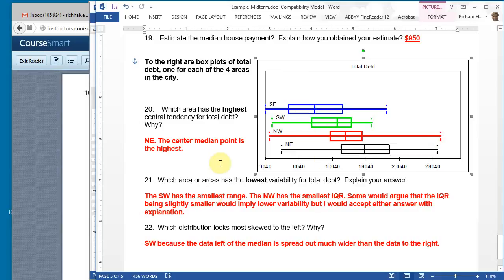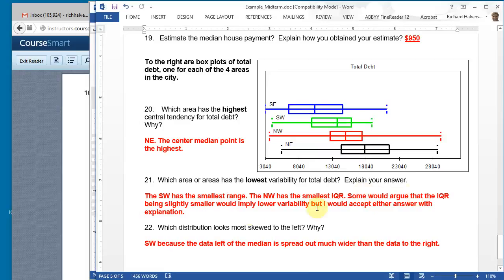Okay, so I state here that the southwest has the smallest range, and northwest has the smallest IQR. Okay, so this is range, not variability. Southwest definitely has the smallest range. Northwest has the smallest IQR, which is this.